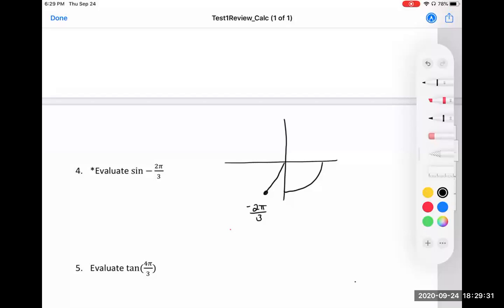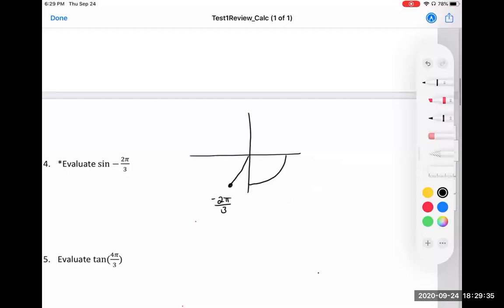If you don't like radians, radians isn't my favorite, but we work with it. So 2 pi over 3 is 120, but negative is just direction. So negative 2 pi over 3 is negative 120. And when you work with it, you want between a positive 0 to 360. So you just add 360 and it gets you to 240.